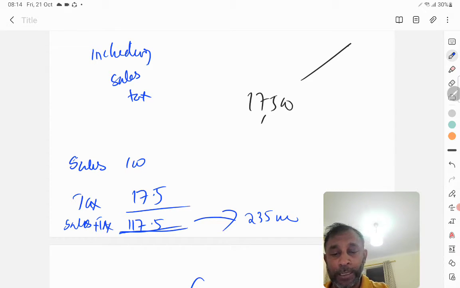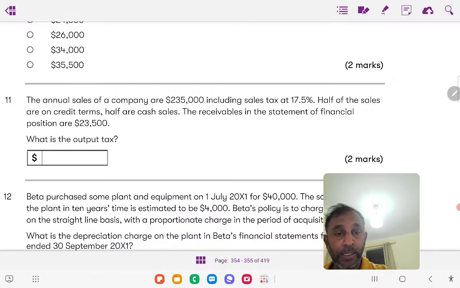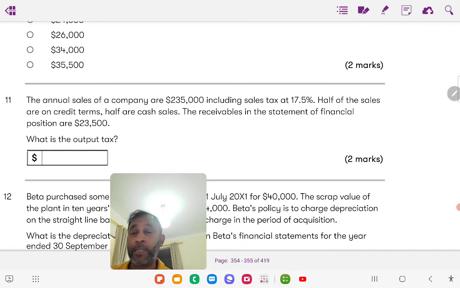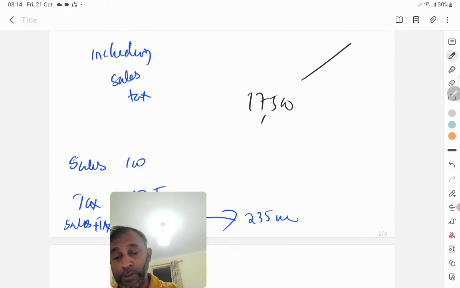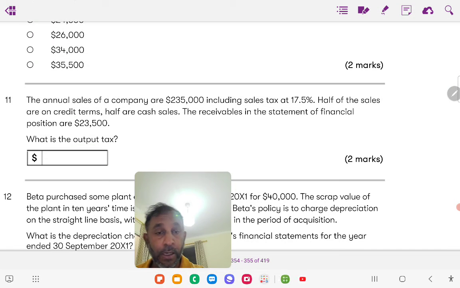Now, what the question is asking you: half of the sales are on credit. Regardless of whether it's credit sales or cash sales, your sales tax will be 17.5% of the net amount. The gross amount is 235, so we have to work out the net amount. Anyway, the receivables in the statement of financial position are 23,500. That information is not necessarily relevant.